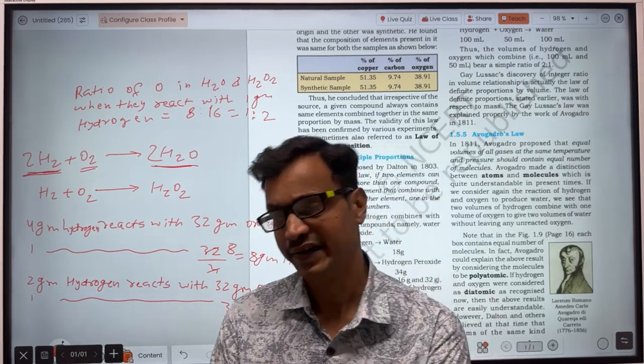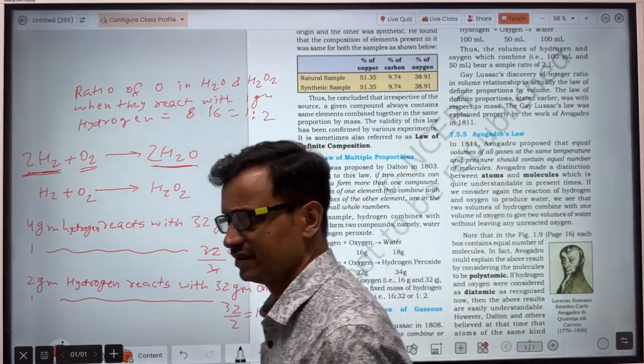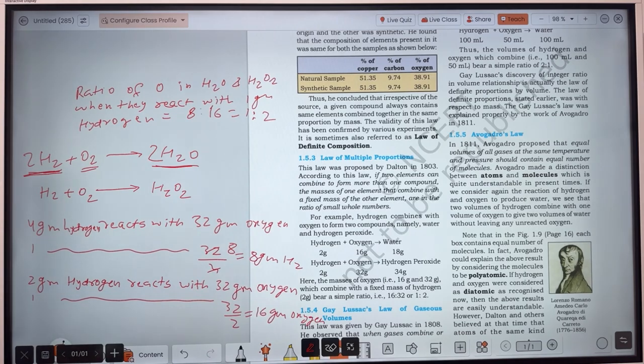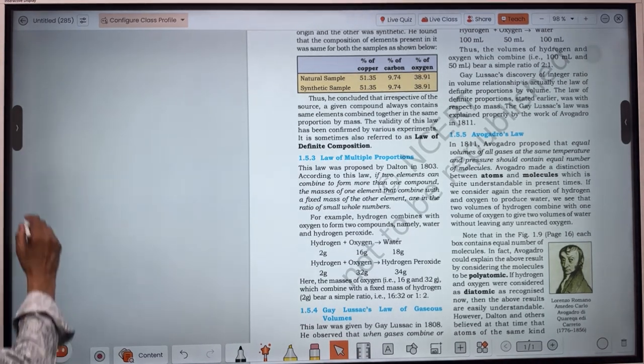Is this clear? Another example I will take, that is SO2 and SO3.